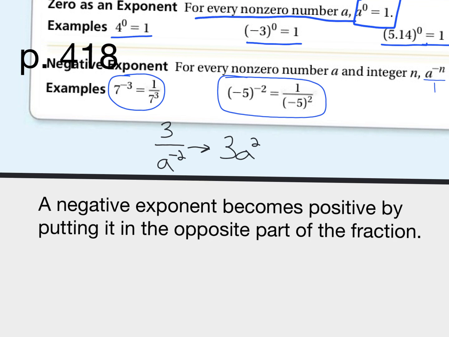Okay, so if it's in the numerator, or if it looks like you don't have a fraction, if you put it in the denominator, that'll make it be a positive exponent. If it's in the denominator, like on this example I mentioned, if it's a negative exponent in the denominator, we make it positive by bringing it up to the numerator.